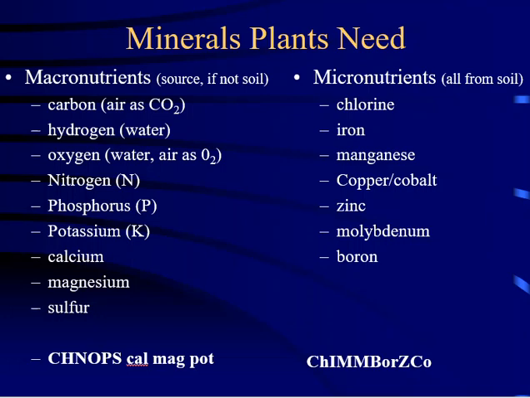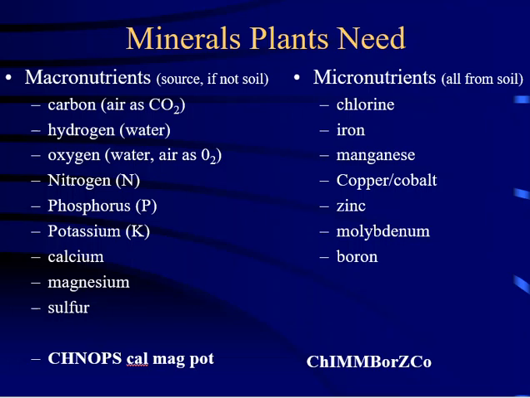So those top 3, carbon, hydrogen, oxygen, we don't really worry about those as plant caregivers, people that take care of plants. They're already abundant. We don't have to try to give them more oxygen. Of course, we have to water them, but we don't worry about carbon dioxide and oxygen.